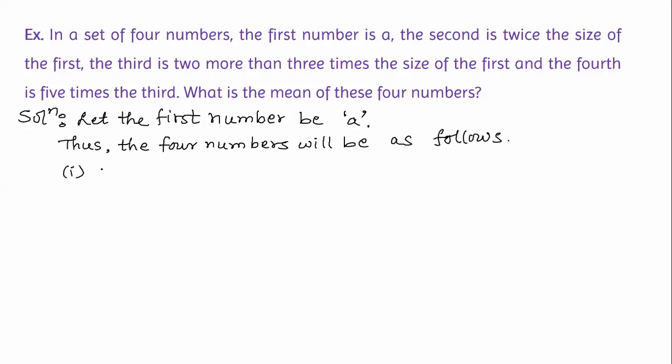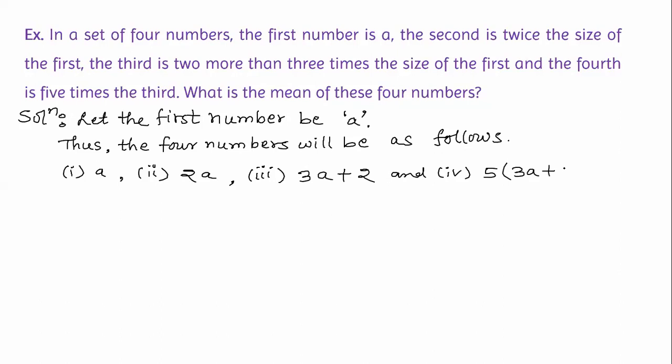The first is A. The second number is twice the size of the first, so it must be 2 times A. The third is 2 more than 3 times the size of the first, so 3A plus 2, and the last number is 5 times the third, so 5 times 3A plus 2.